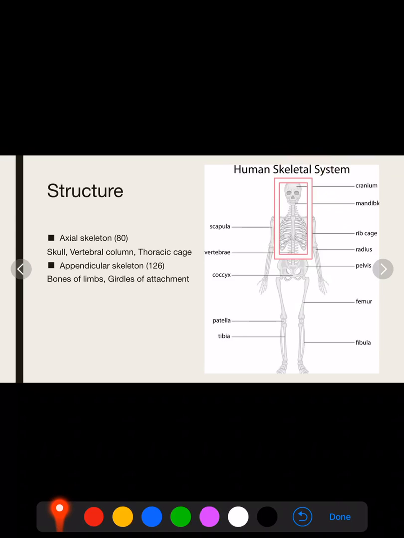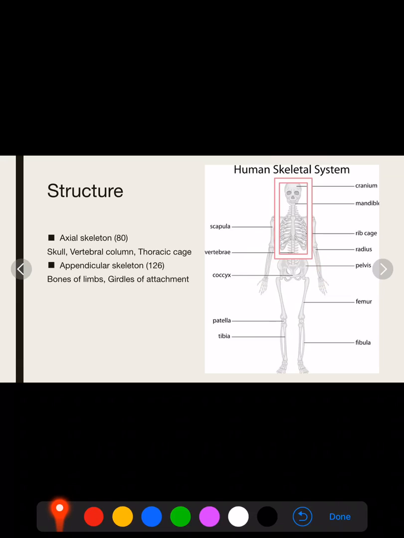The second part is the appendicular skeleton, which is about the bones of your limbs. That means your hands and your legs, and also including the girdles of attachment. This is the part of the girdle.